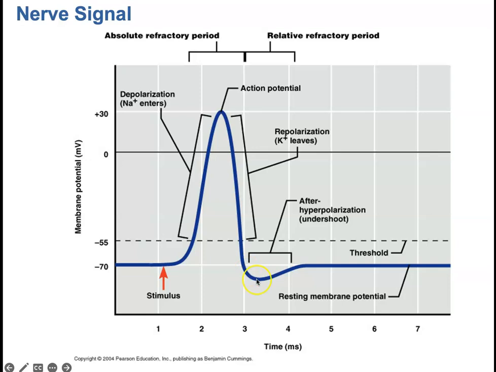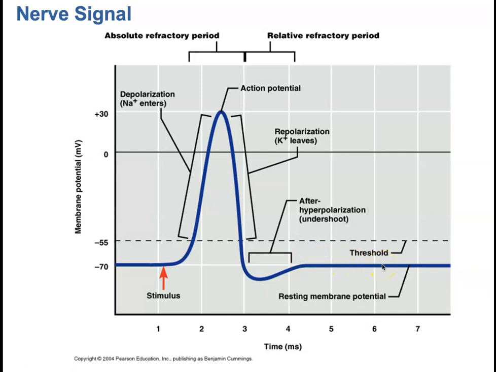This is called hyperpolarization. It means more potassium left. We fix that with our sodium potassium pump: 2 potassiums in, 3 sodiums out, and then we restore the resting membrane potential.